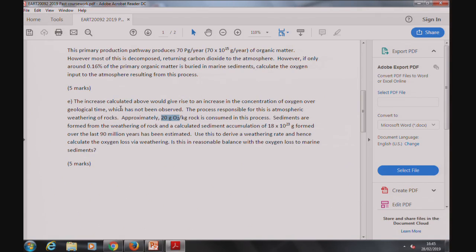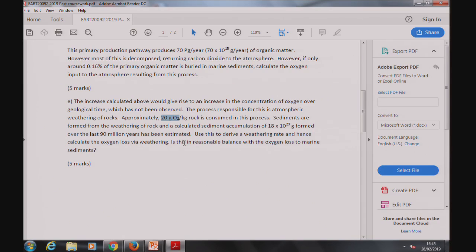And then the question here is, is this reasonable? Is this in reasonable balance with the oxygen loss to marine sediments? So the answer we had to the previous question was about 120 teragrams per year. And here we've got 400 teragrams.